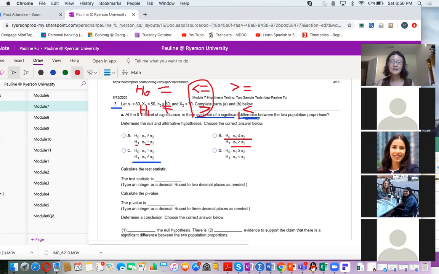Okay. If I change my situation to this: at the 0.1 level of significance, is there evidence that population 1 proportion is greater than population 2 proportion? If I said that, B is the correct answer.